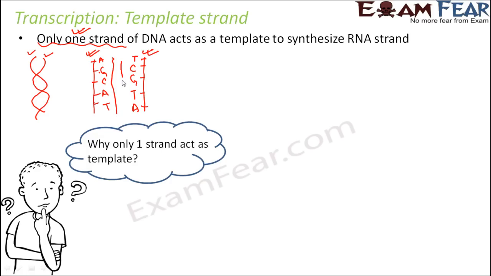You will get two strands. Now what are you going to do with two strands? If you create two strands which are complementary to each other, they will tend to form a double stranded structure, and we do not want a double stranded structure. So that is one reason.